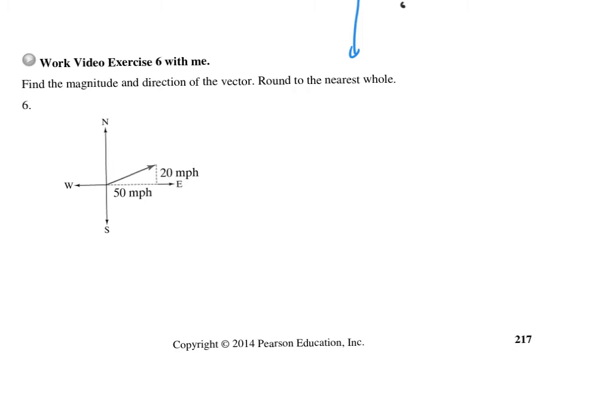The bottom leg of this triangle is 6, because that's the x component, and the y is 1. We don't know this angle, so let's call that x degrees. We can easily find the magnitude by using the distance formula or the Pythagorean theorem, because the Pythagorean theorem is the distance formula if you take the square root on both sides.